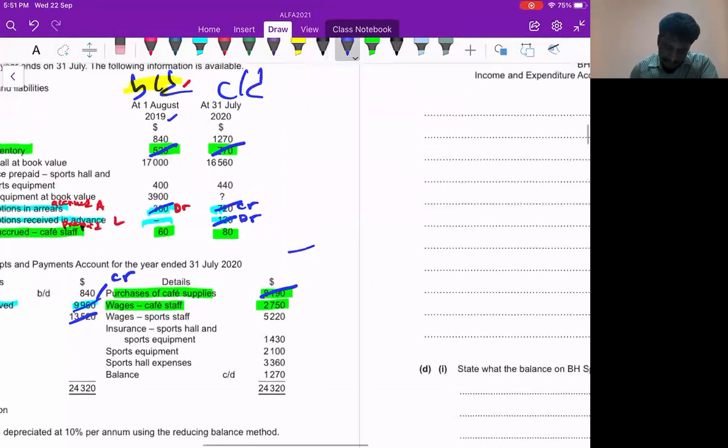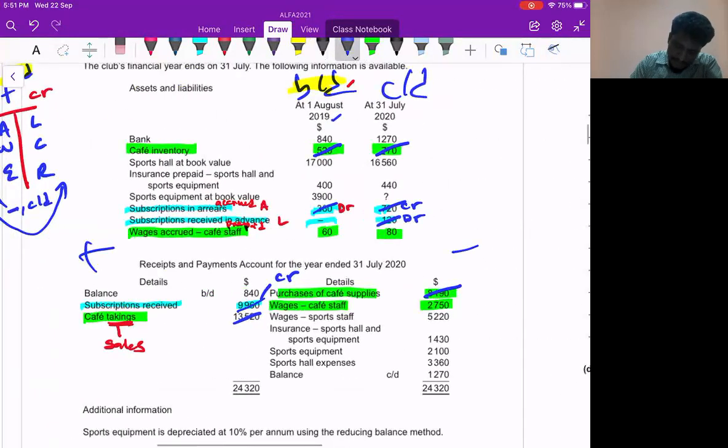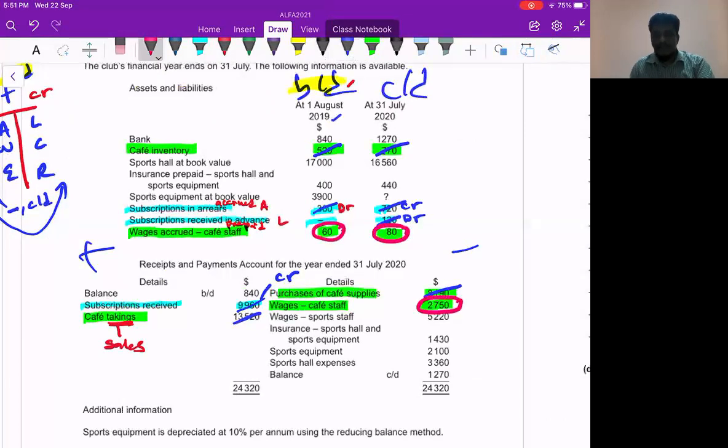But I have a problem here. I can see cafe wages here, and cafe wages here. Which one will I take, or do I need to take all three?